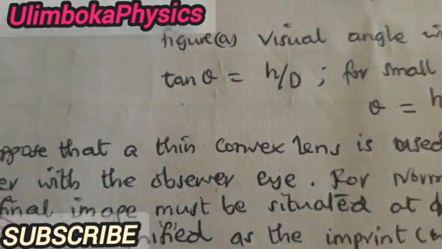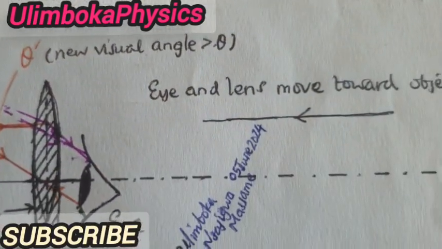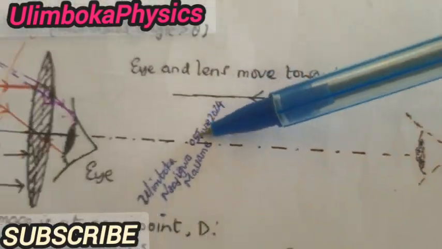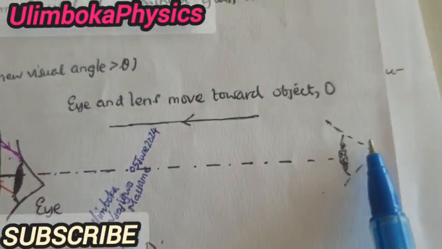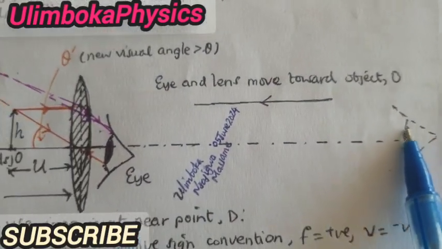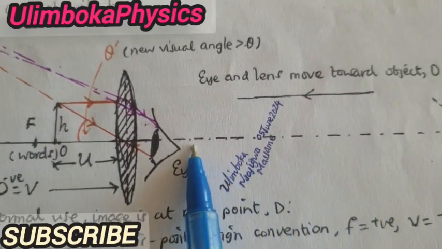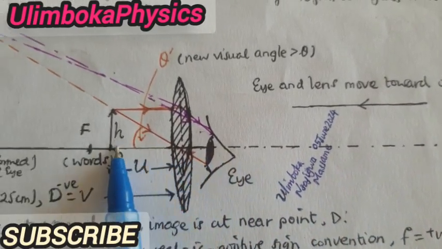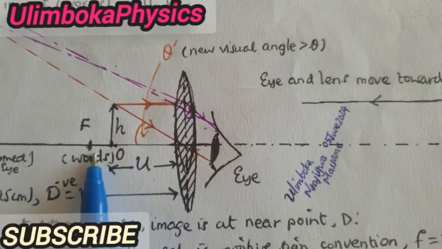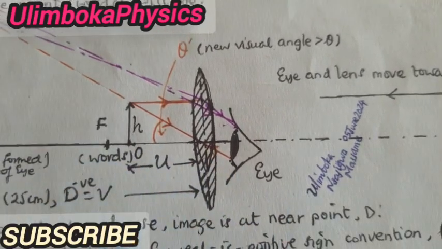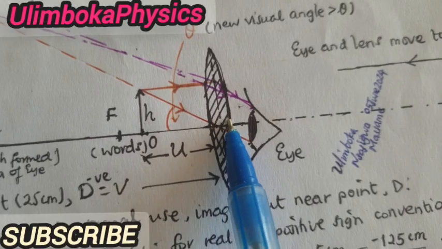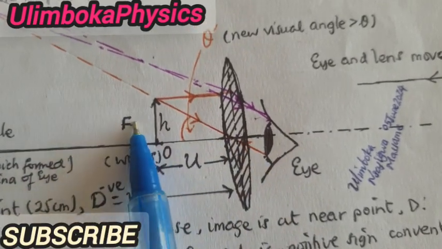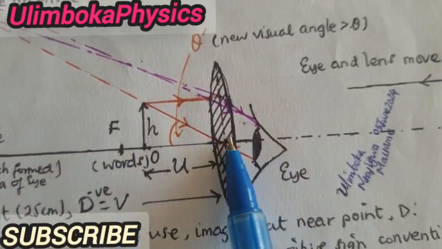For the case when this student uses this convex lens, she will take this convex lens along the principal axis towards the object O, this wedge, until the object O is between the focal point of this lens and its optical center.